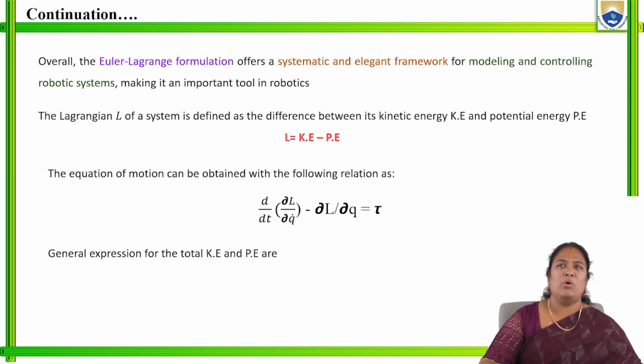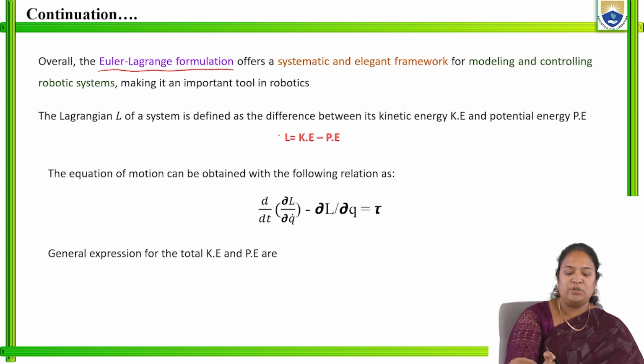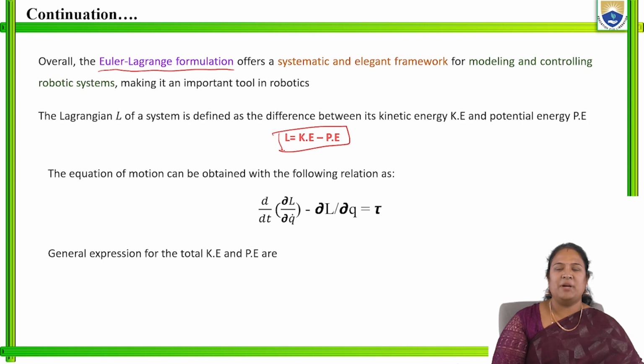In order to do modeling or controlling of the robot system, we need a tool, and that tool is called the Euler-Lagrange formulation. As I've told you, the Lagrangian is determined by the difference between the kinetic energy and the potential energy.